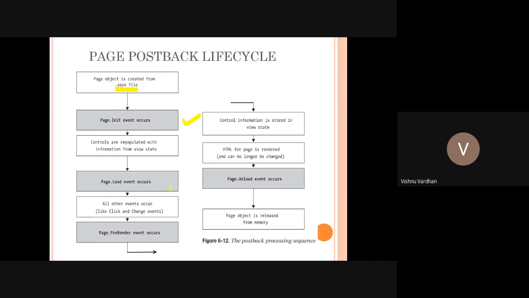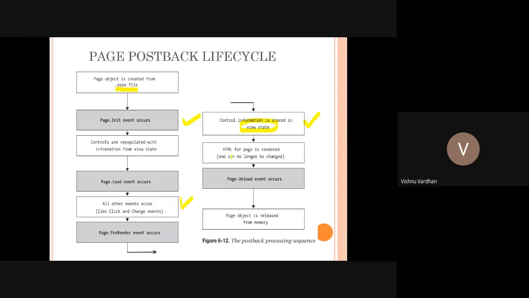What this page init is doing: controls are repopulated with information from view state, and then the page load event happens, which deals with all the event occurrences of the page load where you want to take some actions. All these are triggered from here. Then in page pre-render, control information is stored again back in the view state, which is in the page.